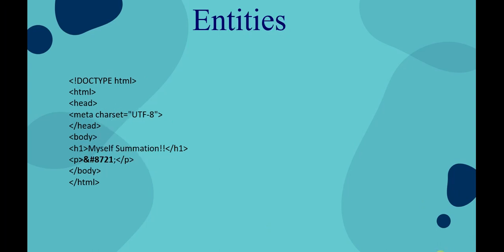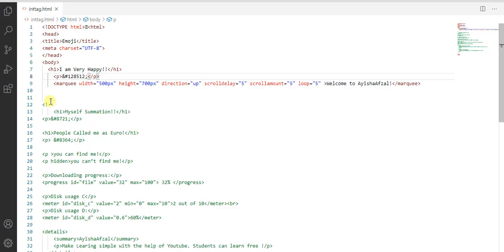Next, entity is nothing but some different symbols. If you want to insert these, normally they are not available on our keyboard, so how can we insert them in an HTML document? Using coding, the same method. For emojis there is some code, likewise for entities also there is some coding. Okay, you can see this.